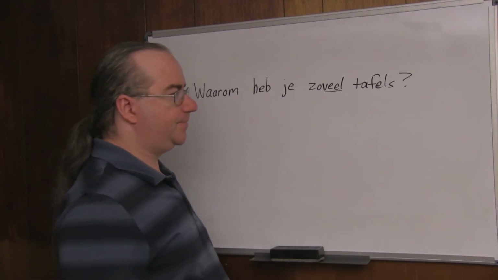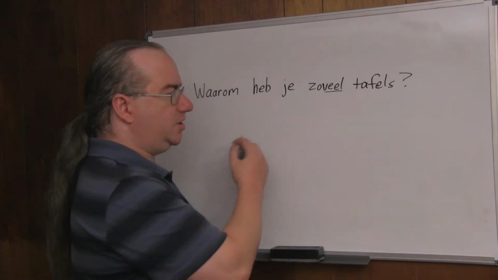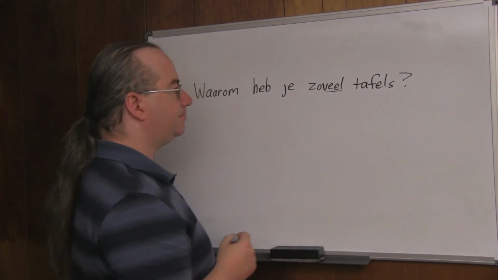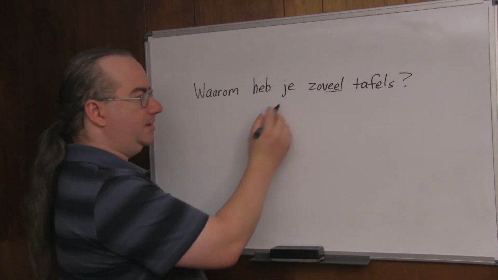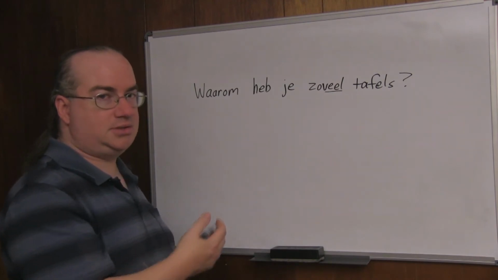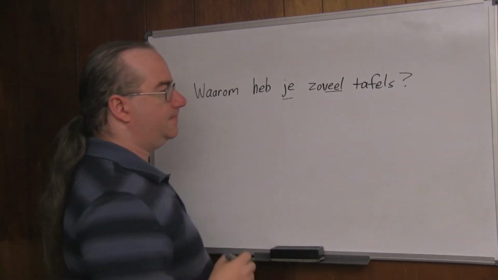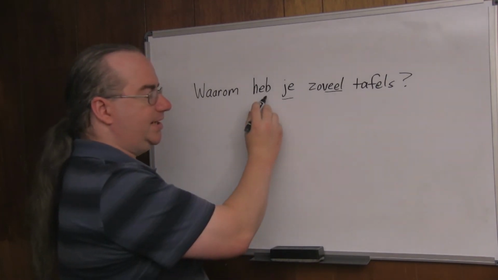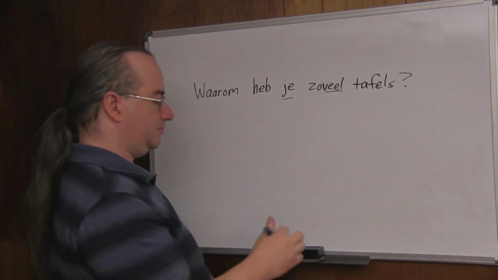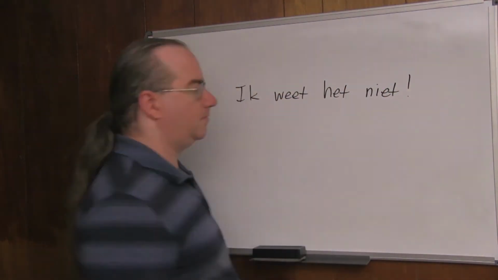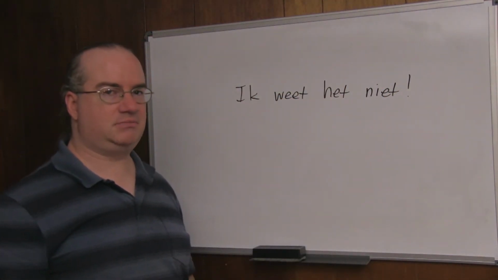So this means, why do you have so many tables? Remember the heb je here. It's in a question, so we use inversion. And since we're talking about je, we remove the T from the heb. Why do you have so many tables?